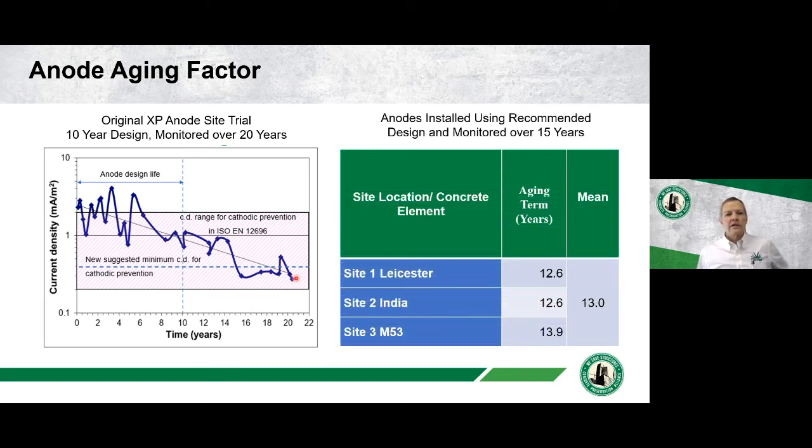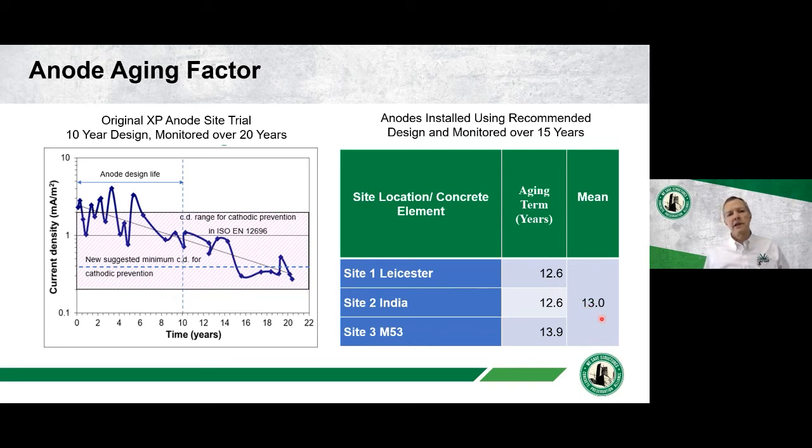And the slope of that line is important because that gives you an indication of how fast the current is dropping off with time. And so based on actual data from field sites and other monitored locations, for the typical anodes that are being used, we see what we call an aging term that is somewhere around 13.